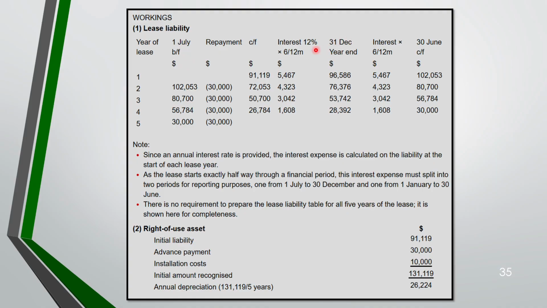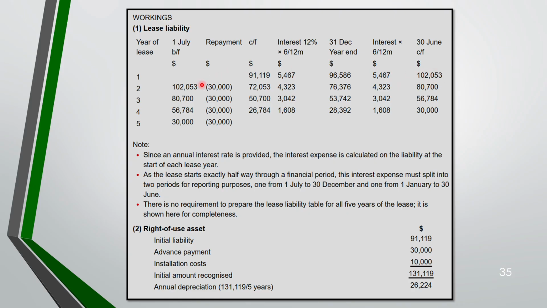One is December and one you have to calculate the carrying forward balance for 30th June. So first we take the 12% interest for the 6 months on this, and there is no 30,000 to deduct in year one and get the amount. So you will be adding the interest twice, this interest, to get the amount for 30th June. Once you get the 31st December year end, add the interest once again and get the amount for 30th June.